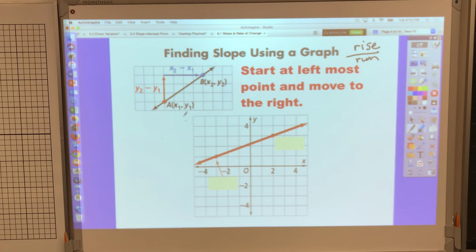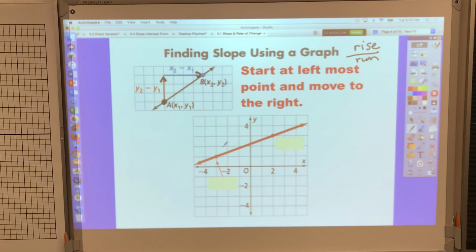Okay, so that's why that rise can either be going up, or if your line's pointed down, it can be moving down. That's how we get a positive versus a negative. So we're starting here at point A, because that's the point furthest to the left. And then we move to point B. See how these arrows are pointed up and then over, because we're always starting at the point on the left.